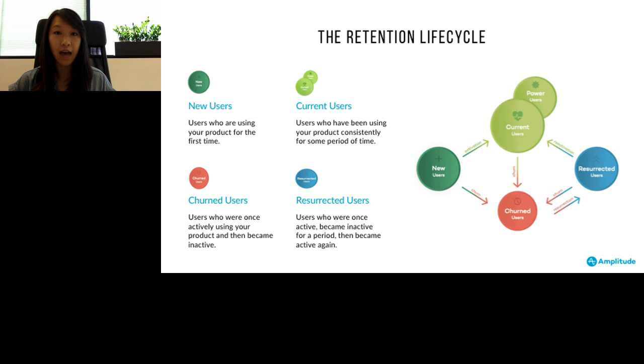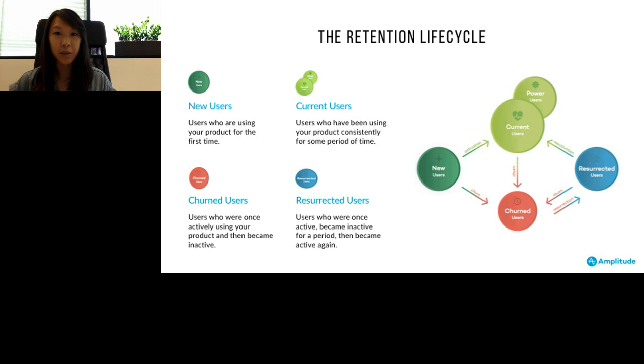At any point in time, if you took a look at all of your active users, they could be divided into 3 main buckets: new users, current users, and resurrected users. And then you also have your churned users, who are people who have stopped using your product. Now, the way that we define these is that new users, pretty self-explanatory, are people who are using your product for the very first time.